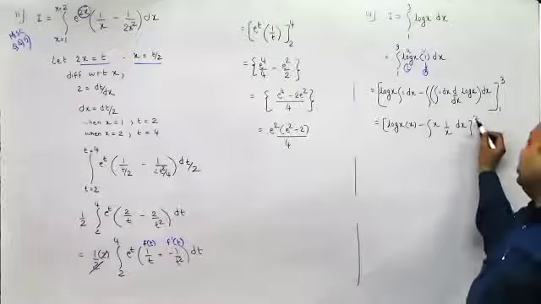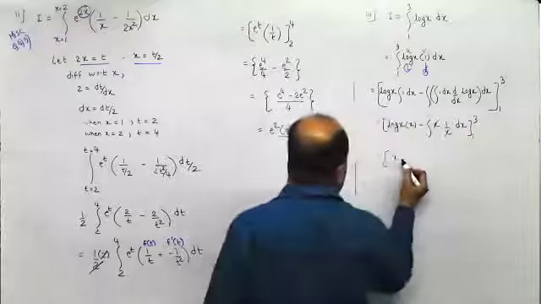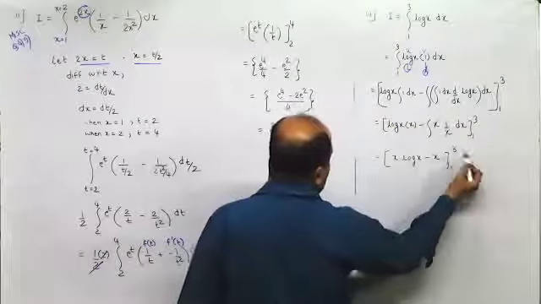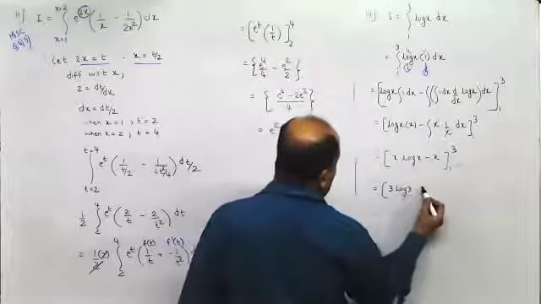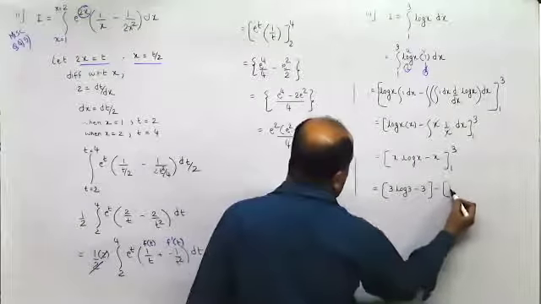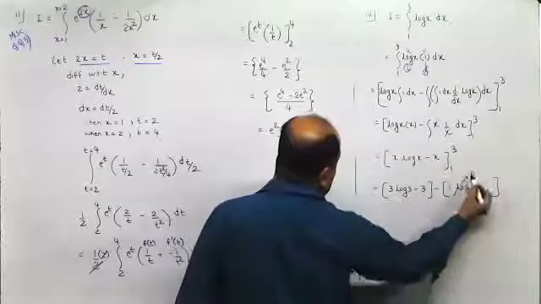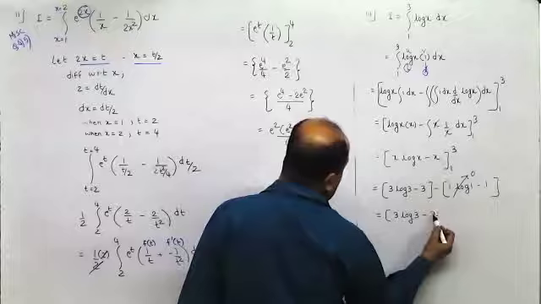Now this and this get cancelled. This is x log x minus x between 1 and 3. Now substitute the upper limit, you get 3 log 3 minus 3, and then minus 1 log 1 minus 1. This is 0. Now this would be 3 log 3 minus 3 plus 1.